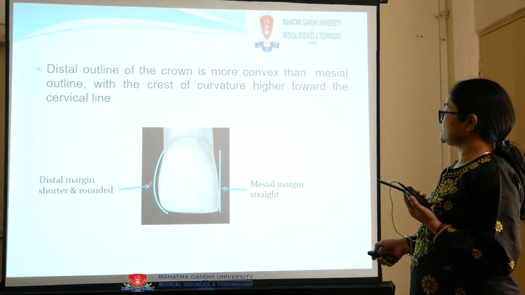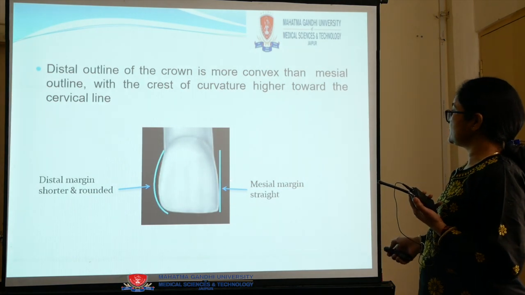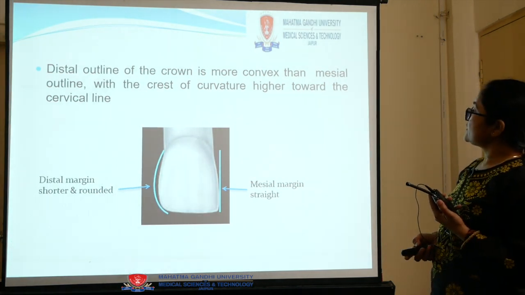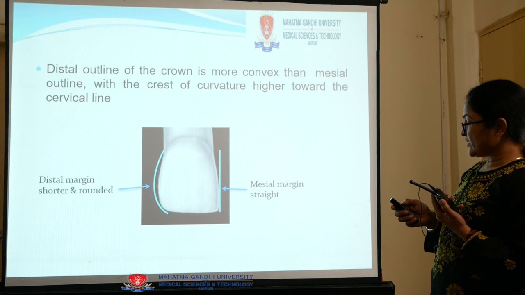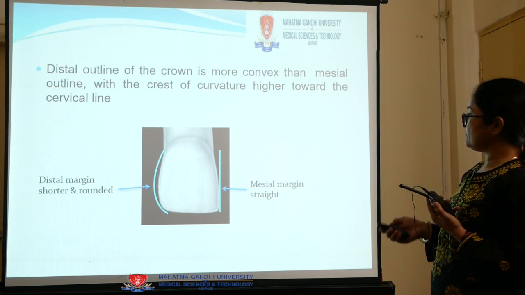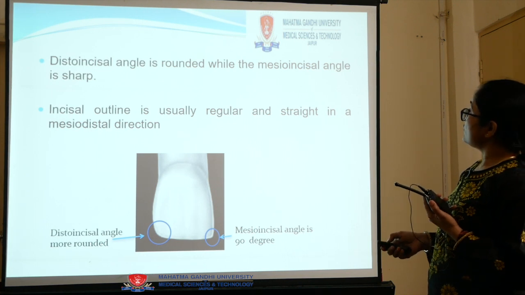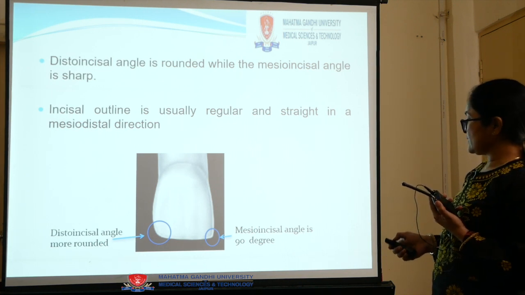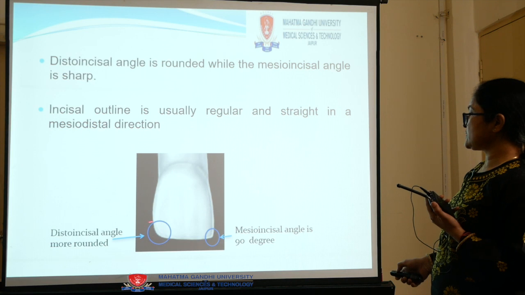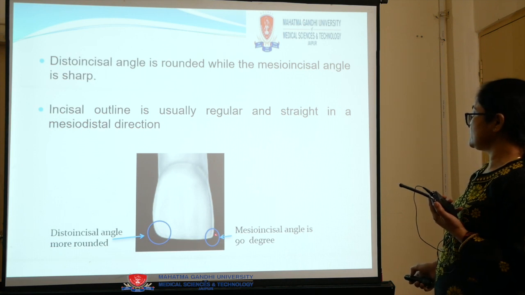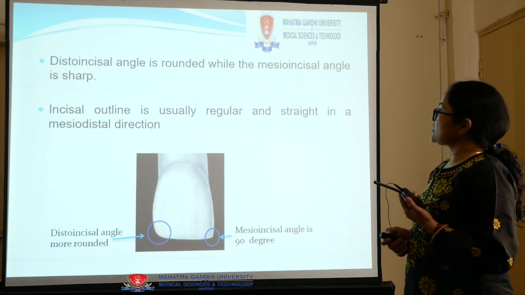The crest of curvature is slightly higher toward the cervical line when we compare it with the mesial one. Here the disto-incisal angle is rounded, and this is the mesio-incisal angle which is sharp, 90 degrees.